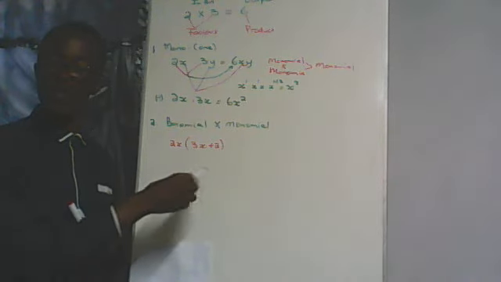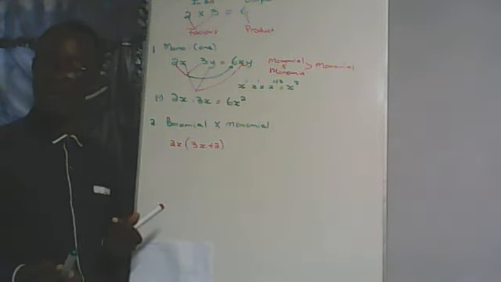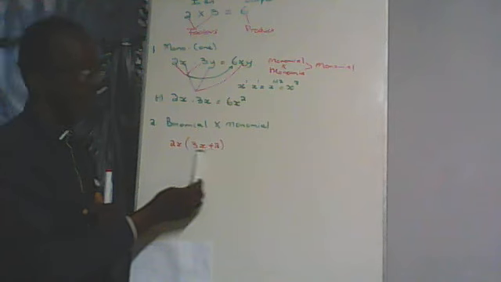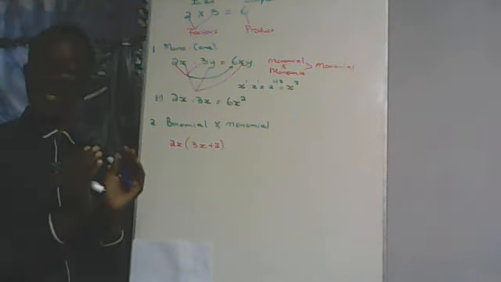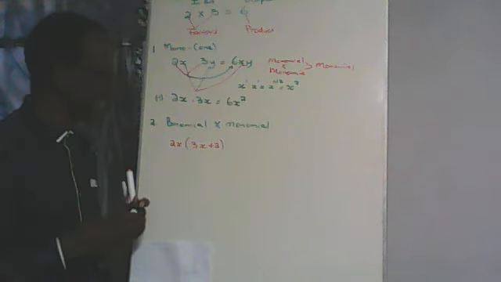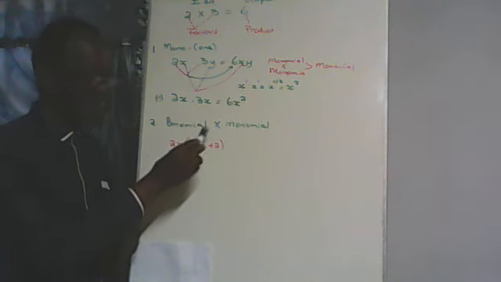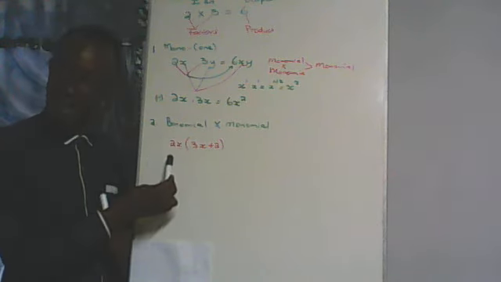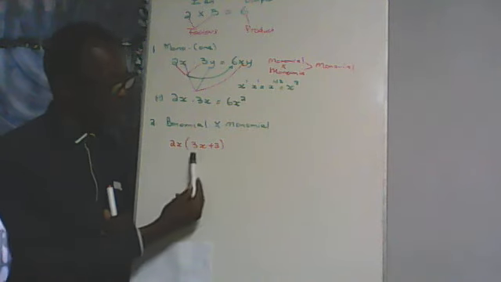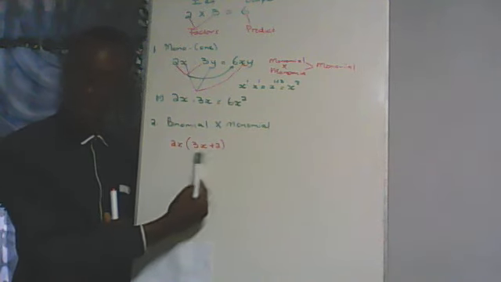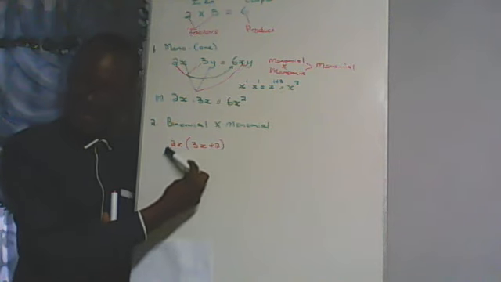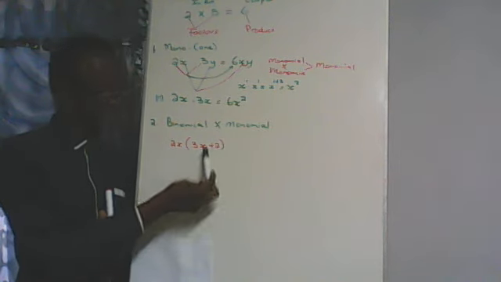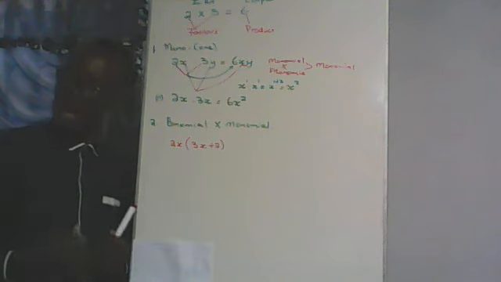To get rid of the brackets, we have to multiply, guys, each and every term that is inside this bag of brackets by that which is outside. Meaning, everything that is inside this bag of brackets is affected by that which is outside the bag.